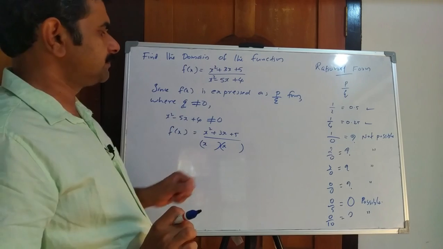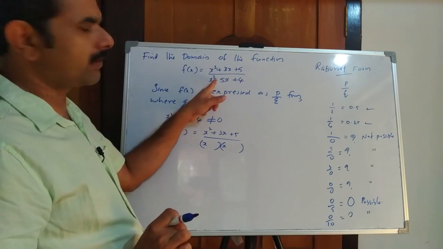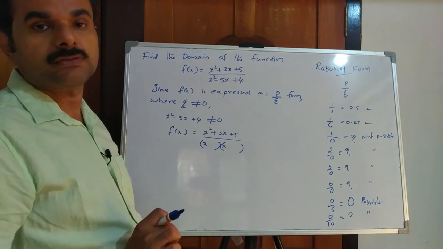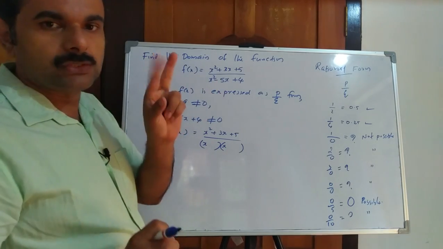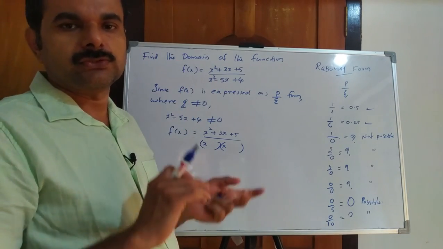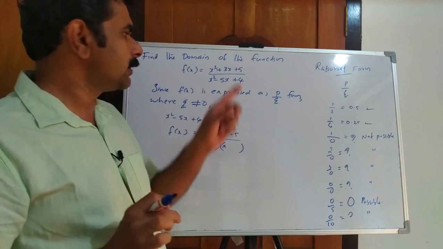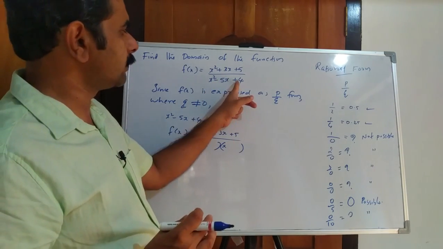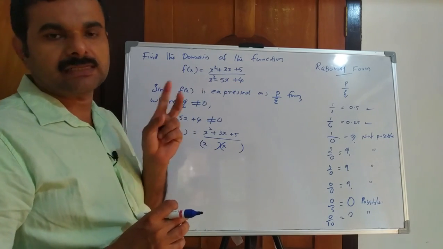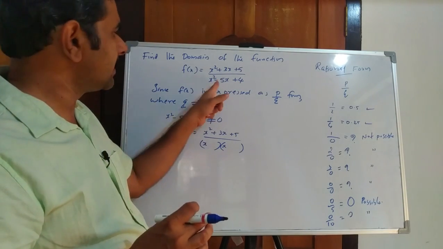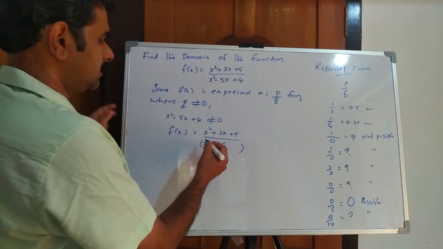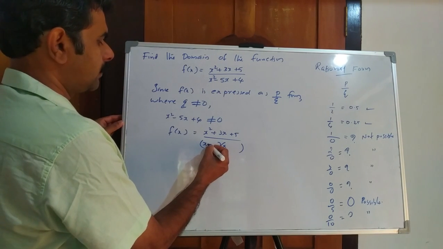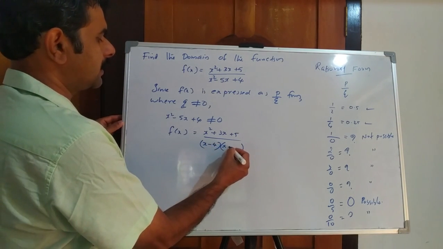Then next term, here minus 5, here plus 4. So you have to think of two numbers whose sum will be minus 5 and whose product will be plus 4. Which are the two numbers? Sum will be minus 5. Minus 4 and minus 1.